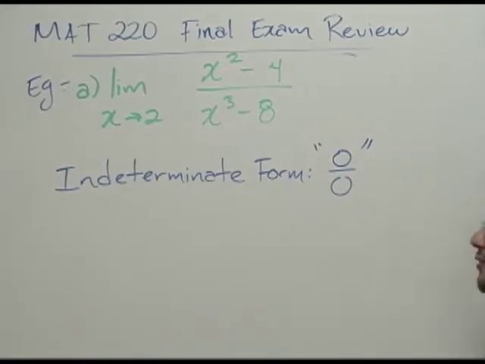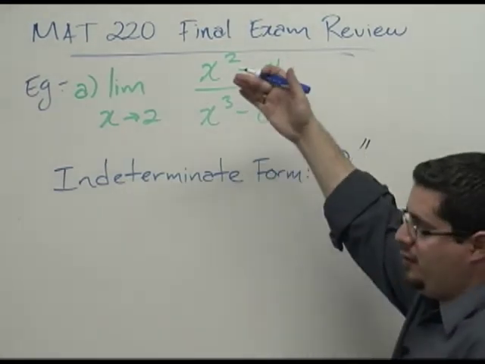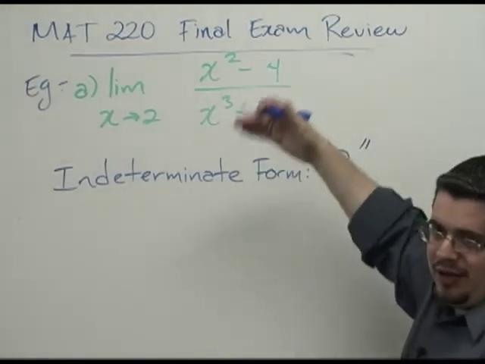Now, according to L'Hopital's rule, we do what? Is it the derivative? Derivative of what? The top and the bottom individually, right? You take the derivative of the denominator and the derivative of the numerator individually, right?